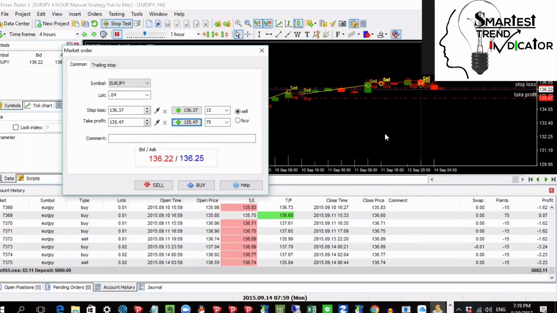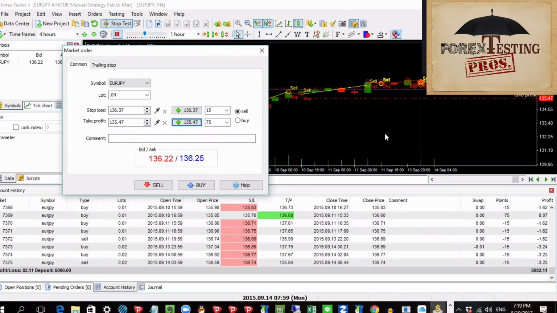Out of all my testing, 75 take profit and 15 stop loss has been over 120. It has been like 140, 200 and something, 300 and something sometimes. So it's been doing really, really well. And times that by 5 pairs, and it hasn't got in a dangerous zone.